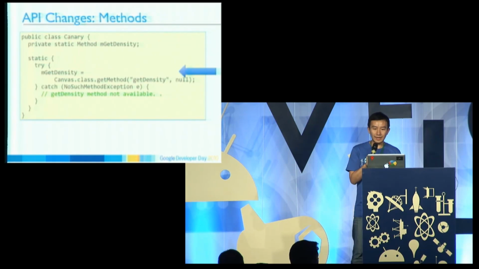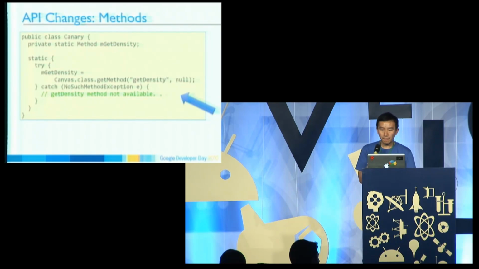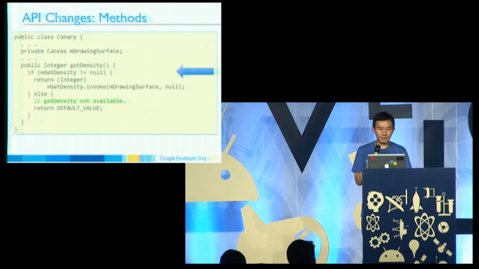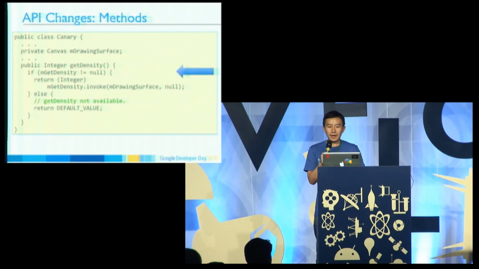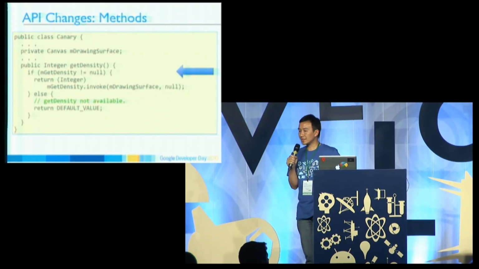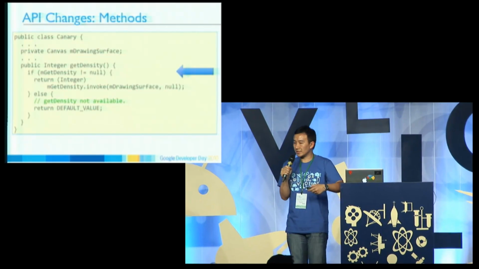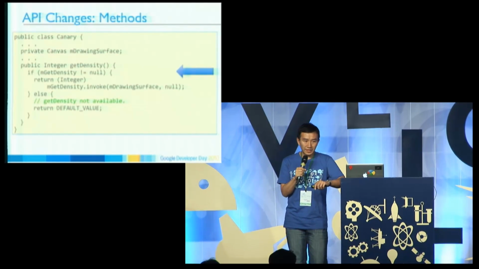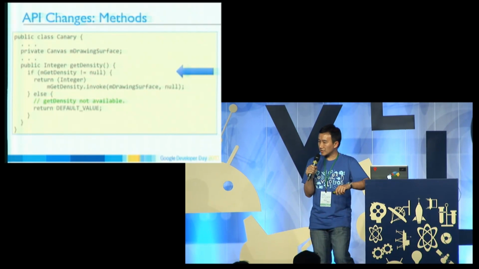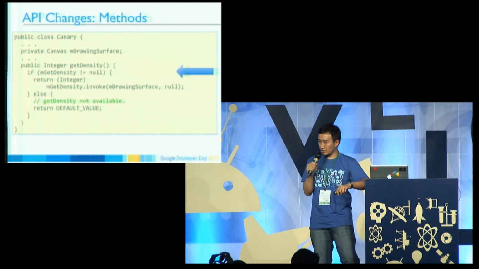And let's have a look at how this method should be used. We're talking about the same wrapper class. Whenever you need to access getDensity, you want to do something like this. You check for the reference. If the method was successfully identified, it's going to be available in the getDensity reference handle.